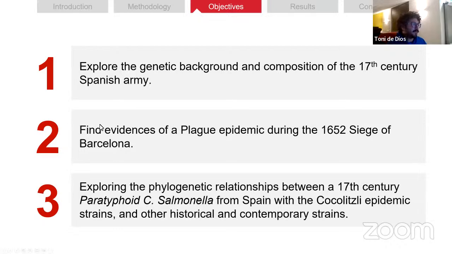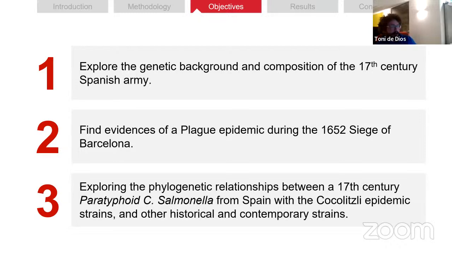But then to try to find evidence of a plague epidemic that was recorded in contemporary chronicles. It was reported by people living in that era that there was a plague outbreak during 1652 in Barcelona. So we wanted to try to retrieve Yersinia pestis sequences from the samples.